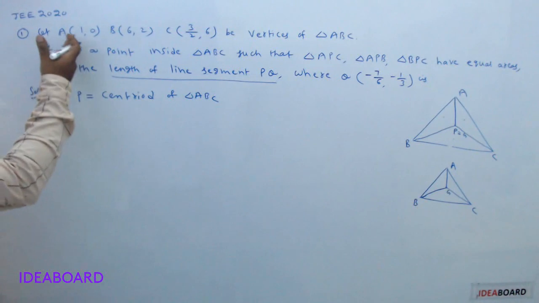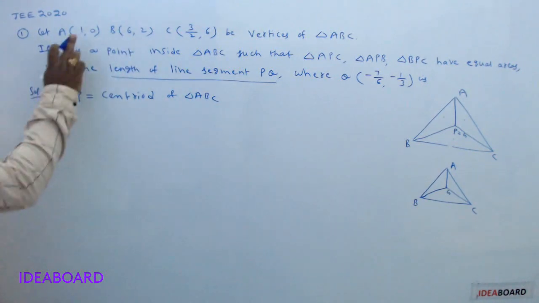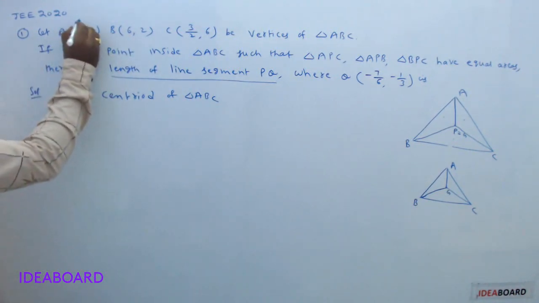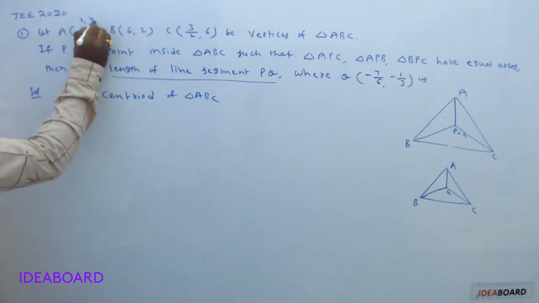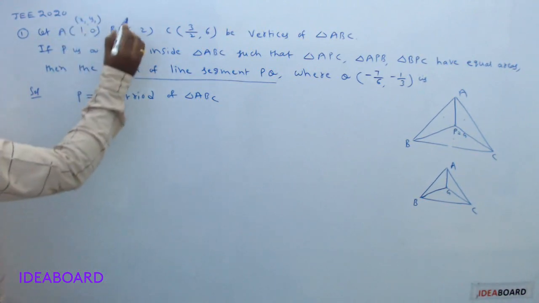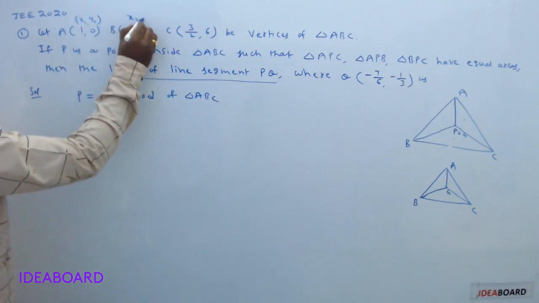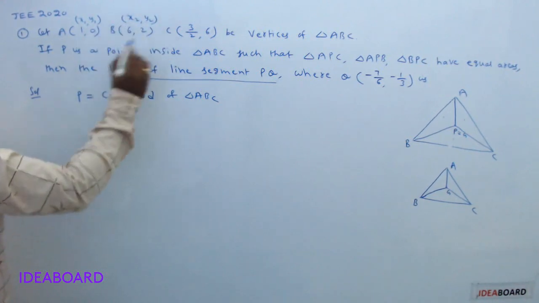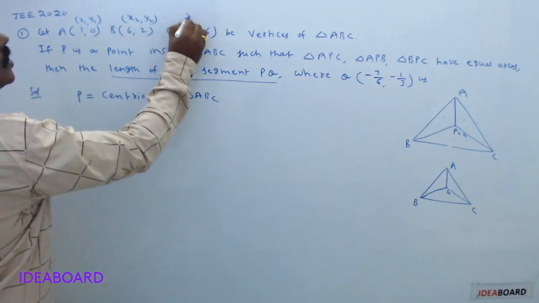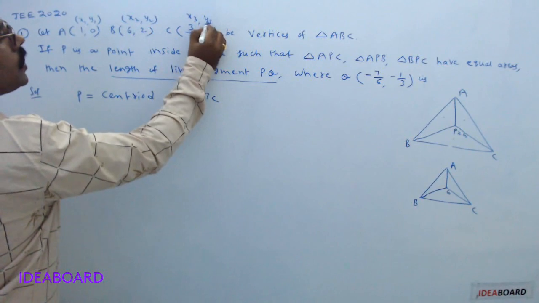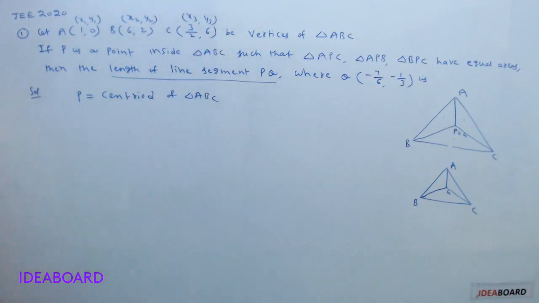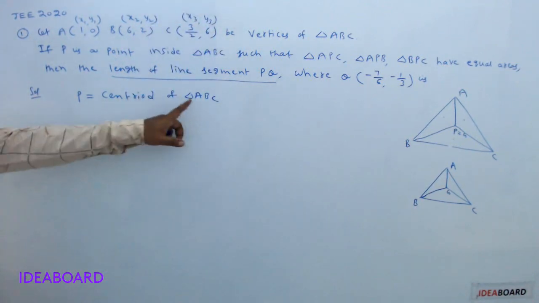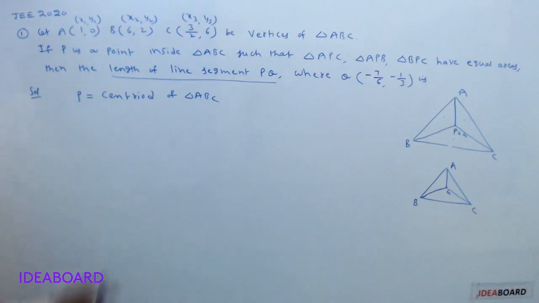Now here vertices ABC are given. Denote the coordinates of A as (x1, y1), the coordinates of B as (x2, y2), and the coordinates of C as (x3, y3). Now, what is the formula for the centroid of a triangle?